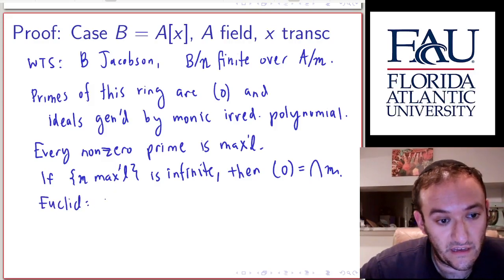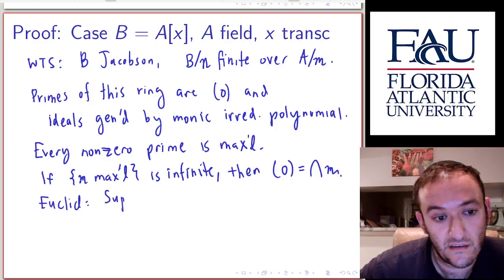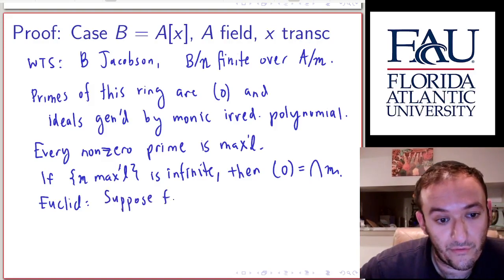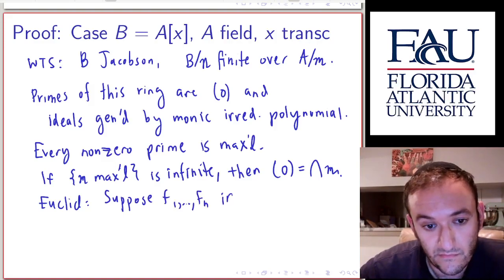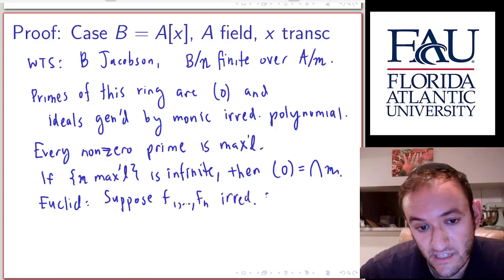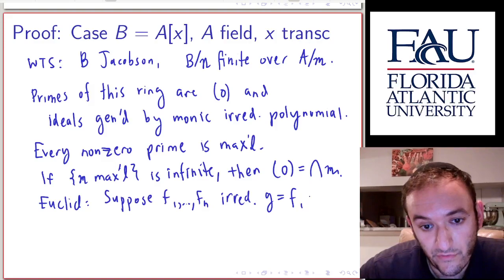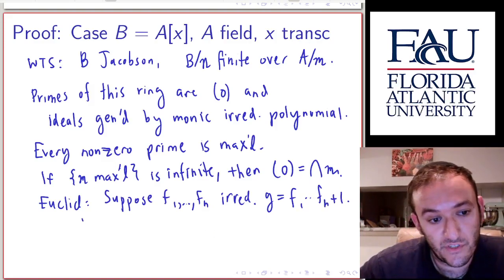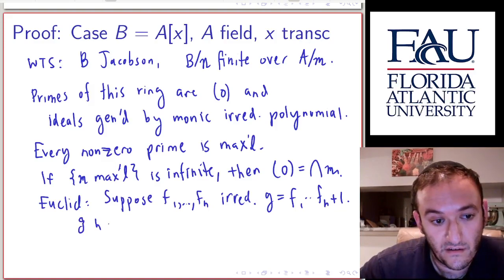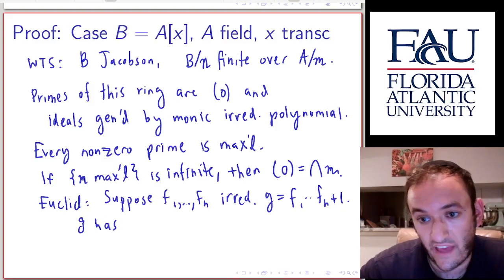Euclid: suppose you have a finite list f1 through fn of irreducibles, then just take g equals f1 up to fn plus 1. G must have a different irreducible factor.